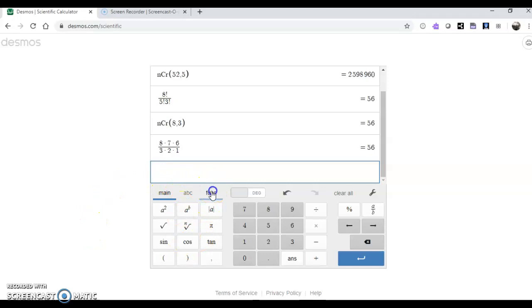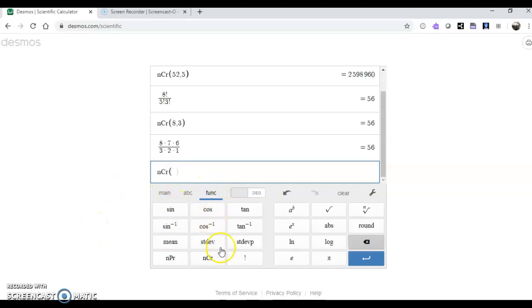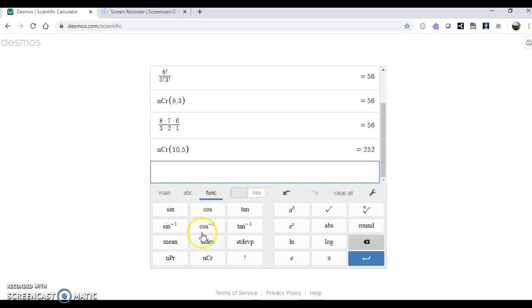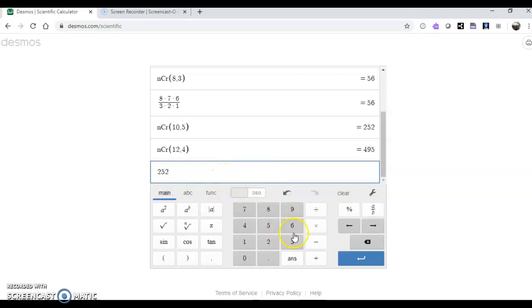So if it's 10 choose 5 and 12 choose 4, then I'd have to do 252 times 495.